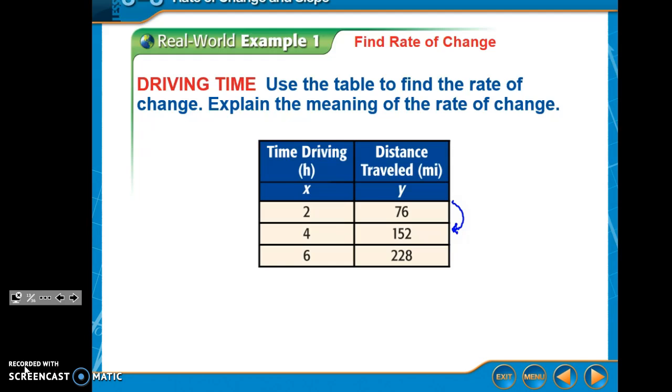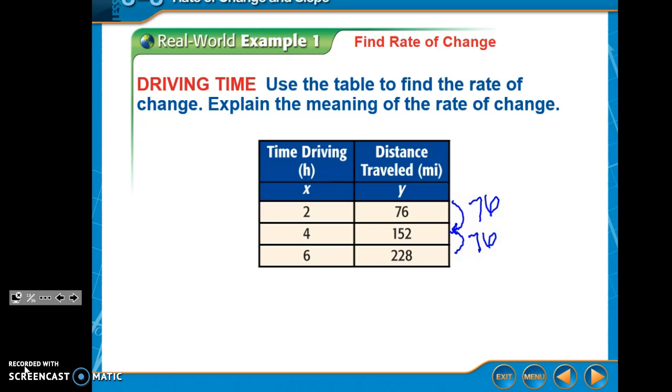Use a calculator. Alright, so 152 minus 76 is 76. And then 228 minus 152 is 76.